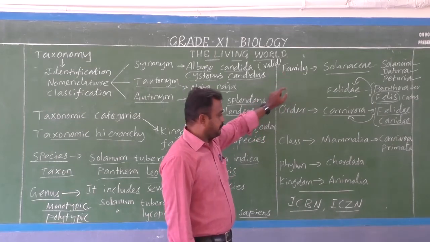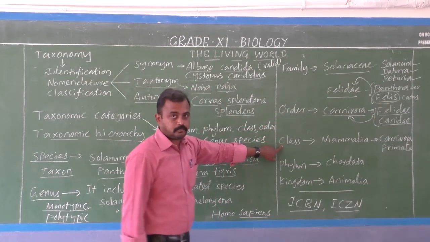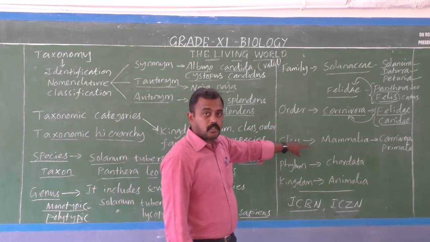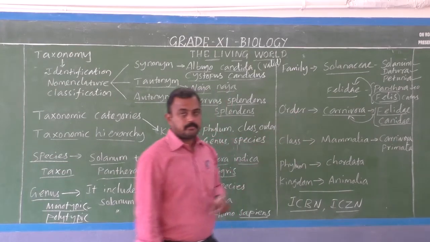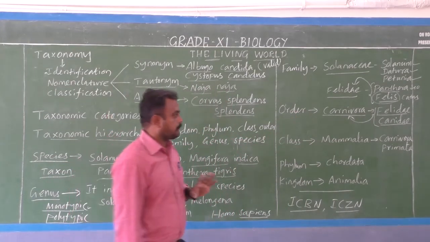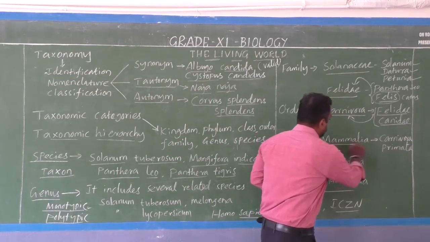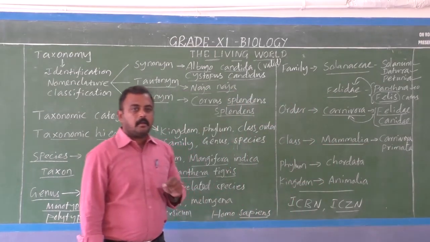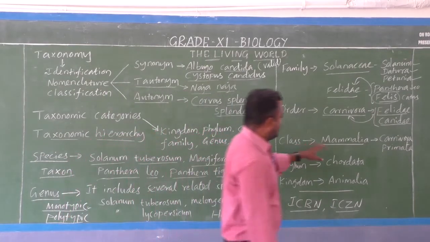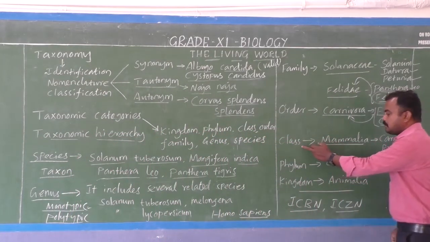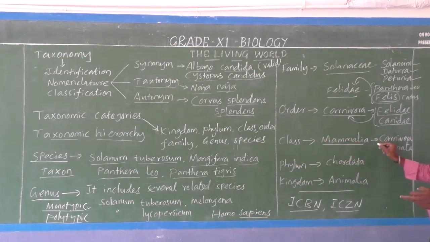Likewise class also. Class includes several related orders. One example is Mammalia. Mammalia is a class. Here the orders are Carnivora and Primata. Carnivora, I already told you, are meat-eating animals. Primata, monkeys and gorillas, are under the primates.